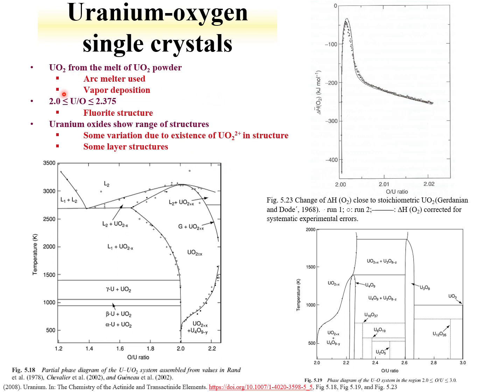One of the things that comes out of this is that there's a way to tune the oxygen to uranium ratio. And as we see here, we have UO2+x or UO2-x. So for nuclear fuels, we can actually tune in the ratio of oxygen to uranium.